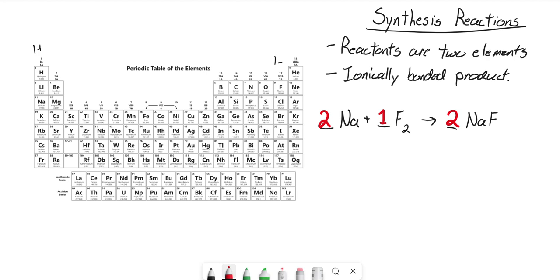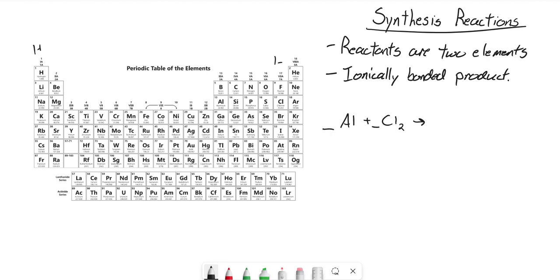Let's take a look at another quick example. Let's say I took something like some aluminum and reacted it with some chlorine. Again, we can recognize that this is a synthesis reaction because the reactants are 2 individual elements.